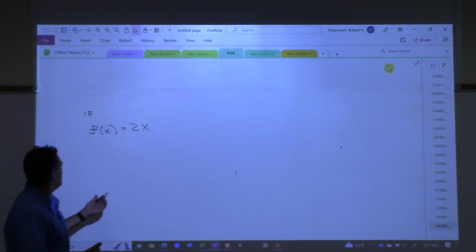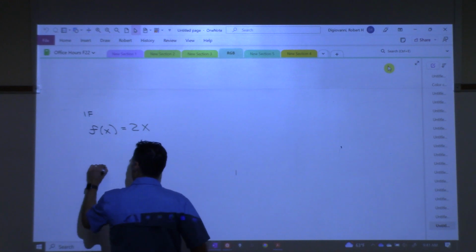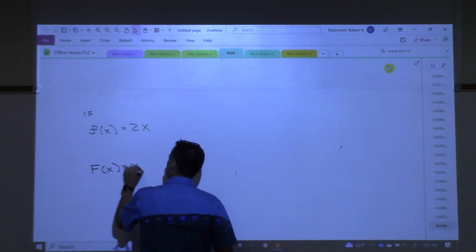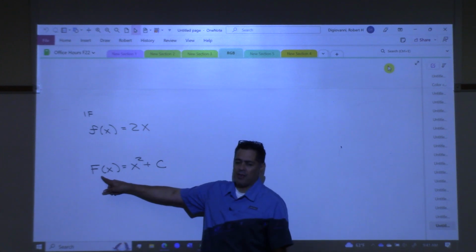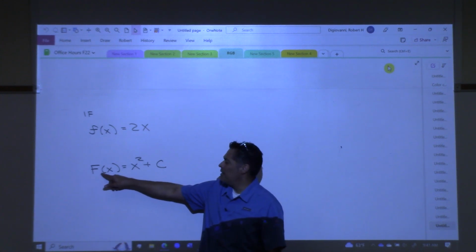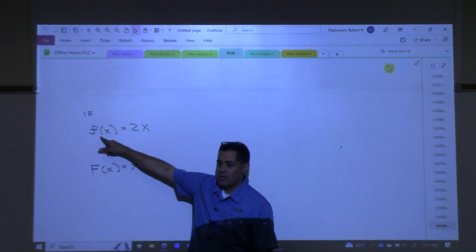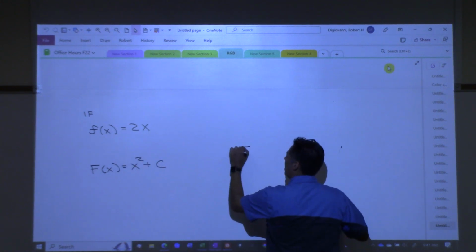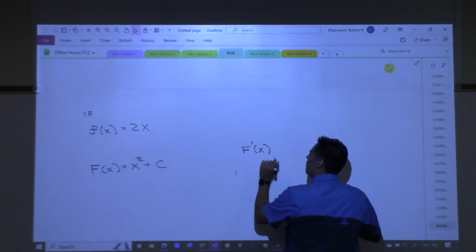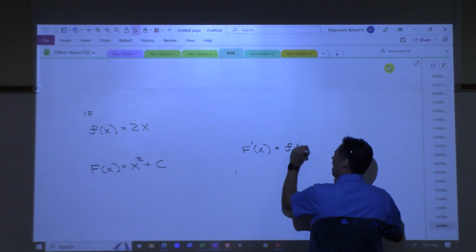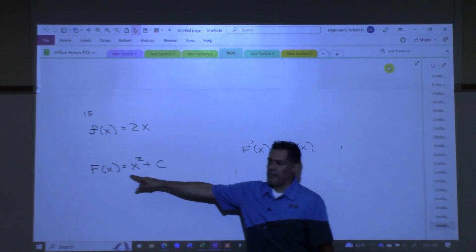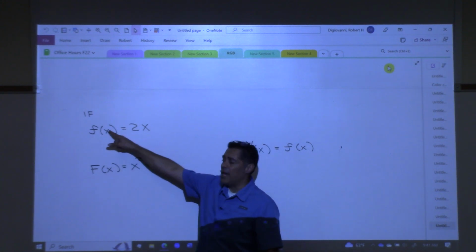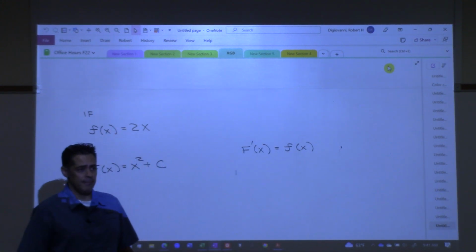What I'm going to do is write capital F of x is x squared plus some constant. So the capital F tells you that that is the antiderivative of this. In other words, when I take the derivative of the capital F, I get the little f, right? If I ask you to take the derivative of the capital F, you get that, right?